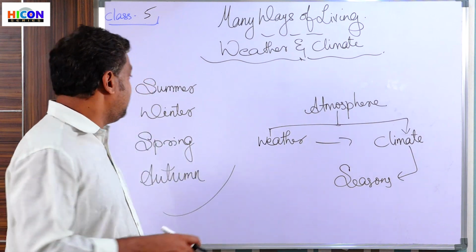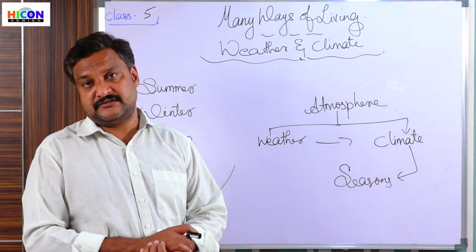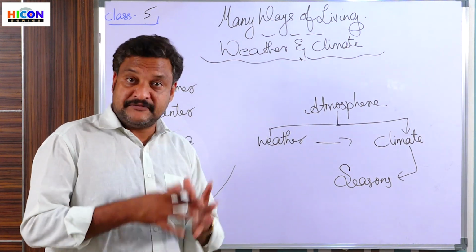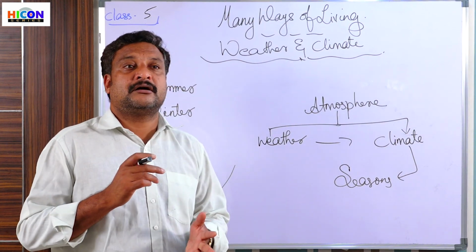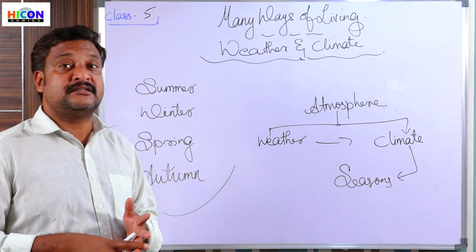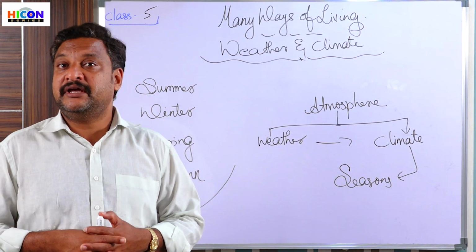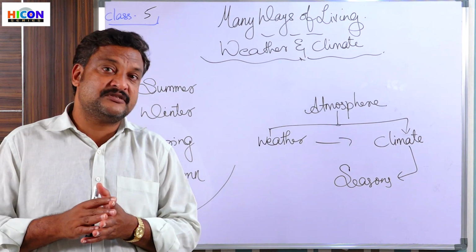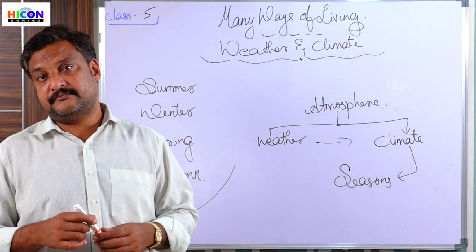The major seasons are summer, winter, spring, and autumn, right? The lifestyle of the people, the kinds of animals and plants that grow and live in a particular region actually have some influence based on the climatic and weather conditions of the region.